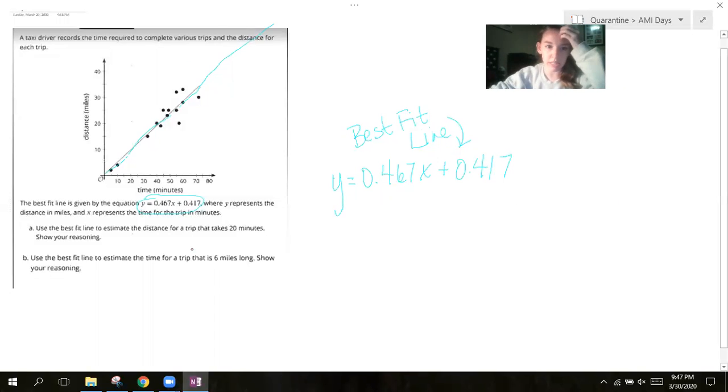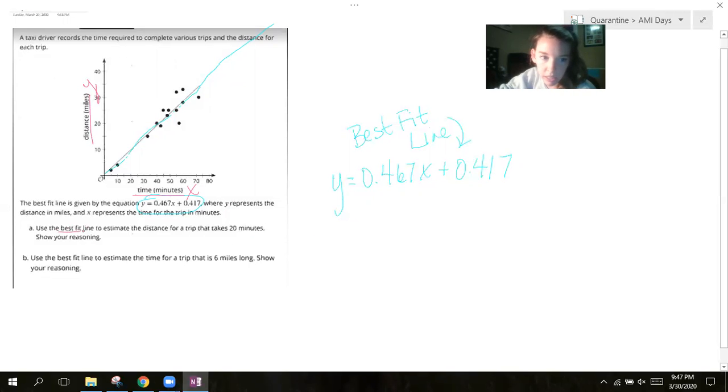Okay, so it says y represents the distance in miles, which we can see is labeled in our y-axis, and then x represents the time. Okay, so let me just go ahead and label those things on my graph. Okay, now it says use the best fit line.